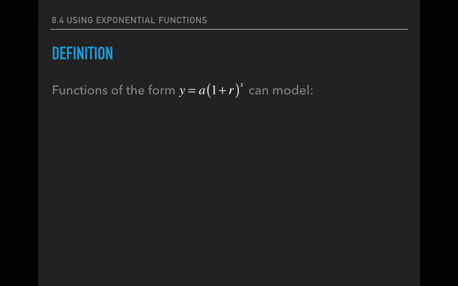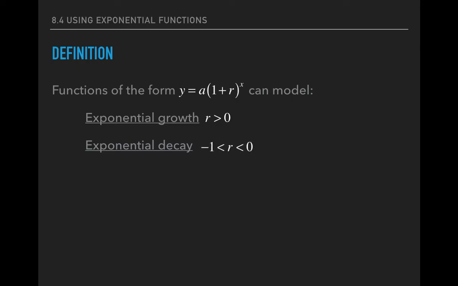Functions that look like this, y equals a, and then in parentheses 1 plus r, and then raised to some x power, they model exponential growth when your r is greater than 0, and exponential decay when your r is between -1 and 0.